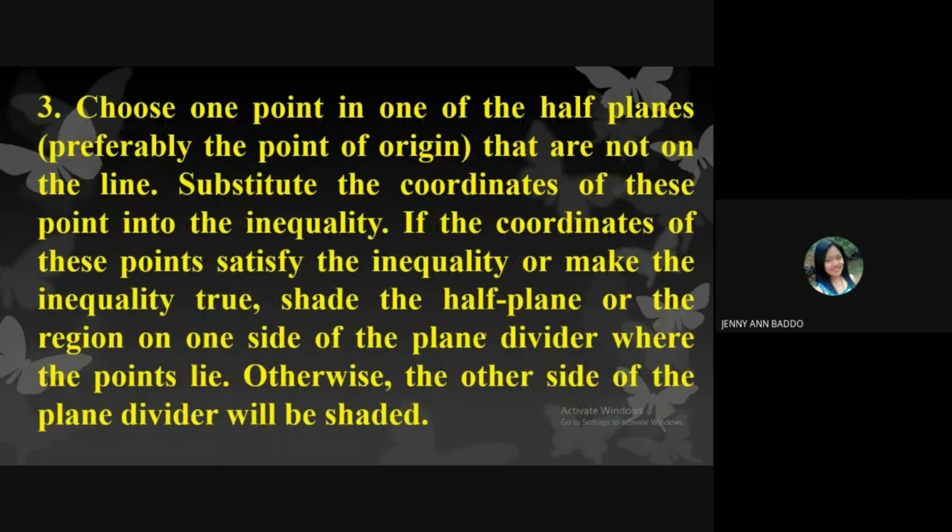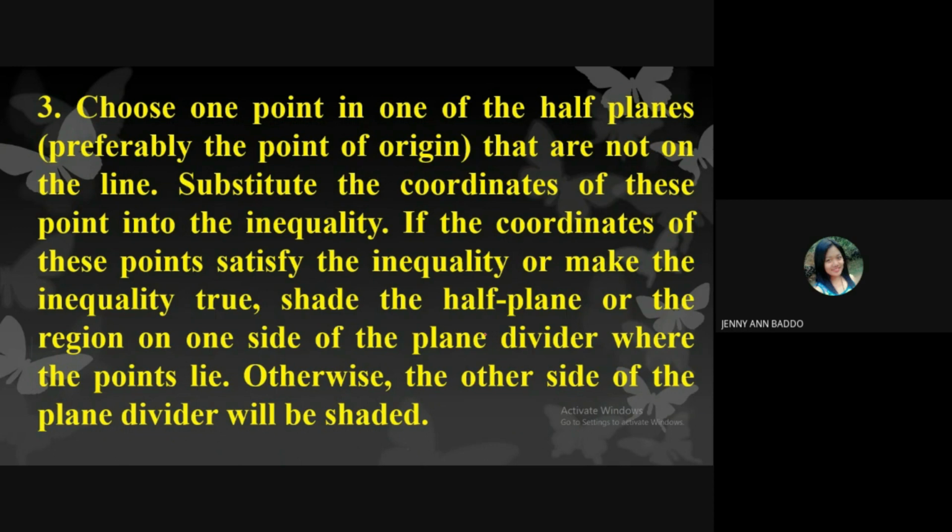Third step, choose one point in one of the half planes that is not on the line, preferably the origin, (0, 0), because it's easier to compute. Substitute the coordinates of this point into the inequality.